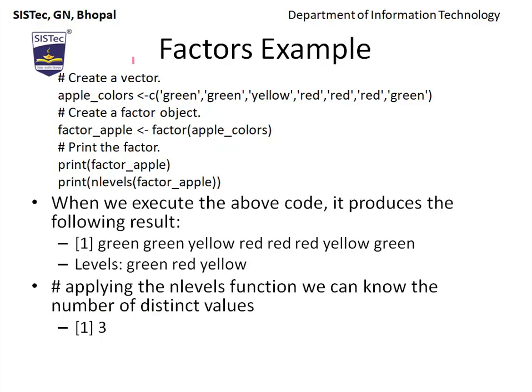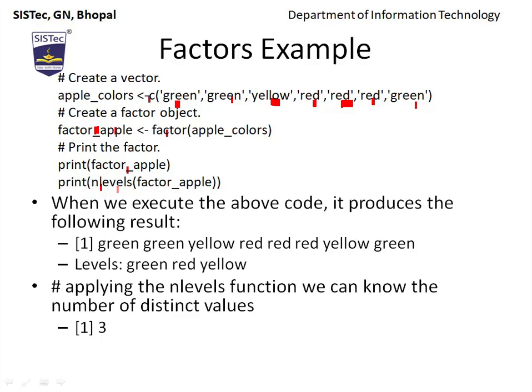I have created a vector named apple_colors, and I store the values green, yellow, red, green. These are the possible values that an apple can hold by its color. Now I create a factor object, factor_apple, using the factor function, and I pass apple_colors. Now I am going to print factor_apple, meaning the existing values, and then I want to print nlevels of factor_apple.